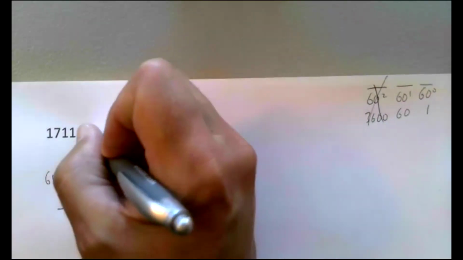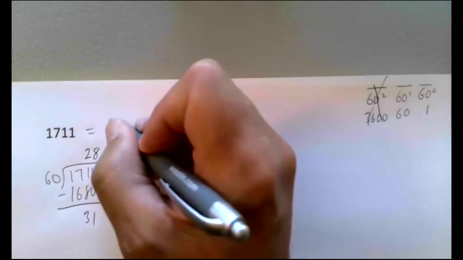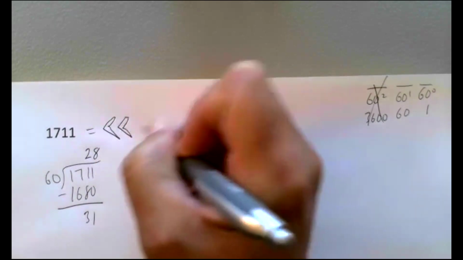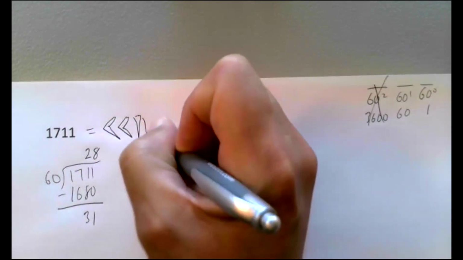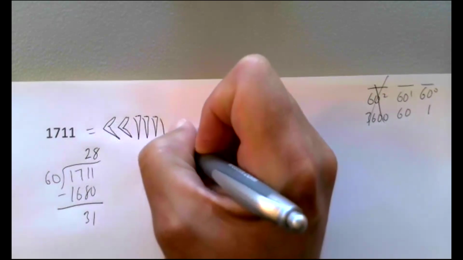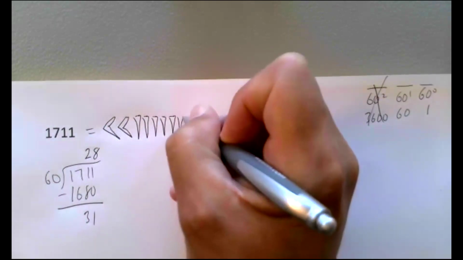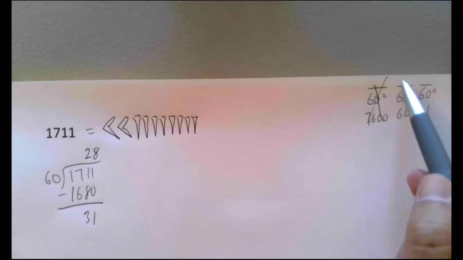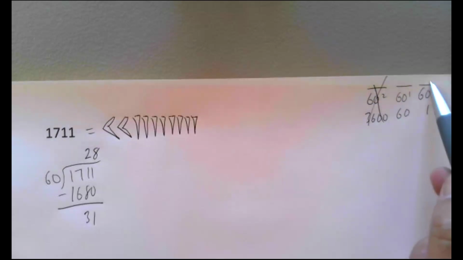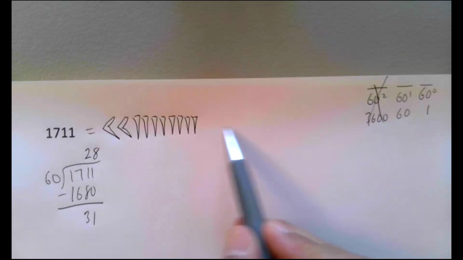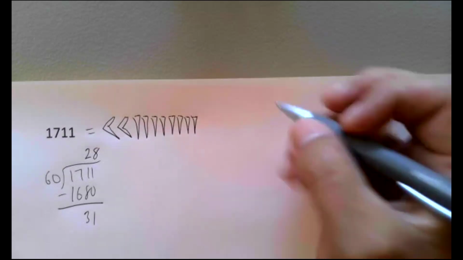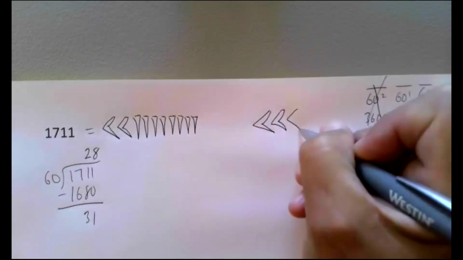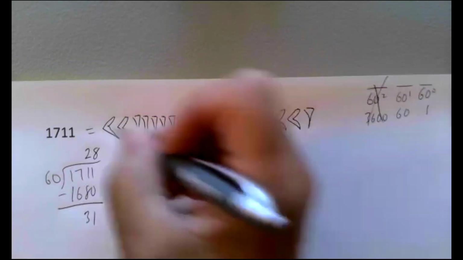But we do it the way the Babylonians did, right? So the way the Babylonians wrote 28 was 20 and then 8. 1, 2, 3, 4, 5, 6, 7, 8. That's the way the Babylonians wrote 28. And then they leave a big space until they put the next one. So they leave a big space, and then the 31 goes over here. 10, 20, 30, 1.